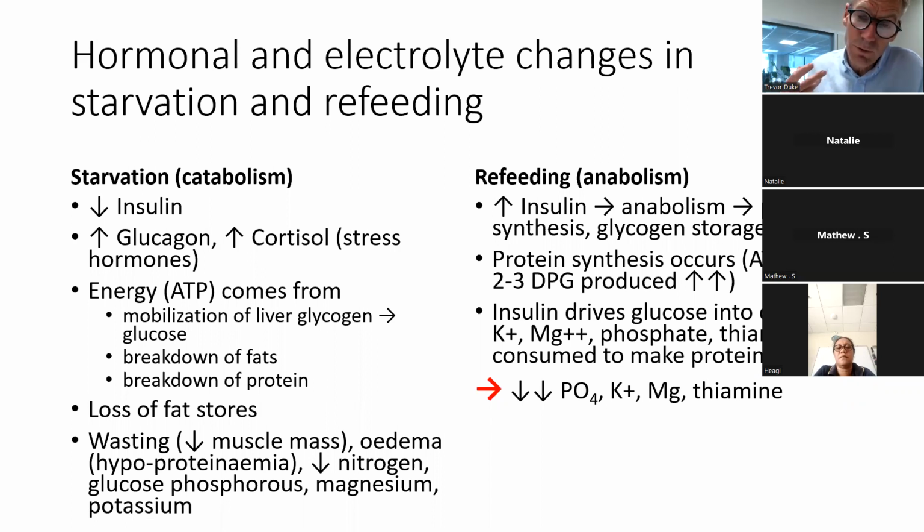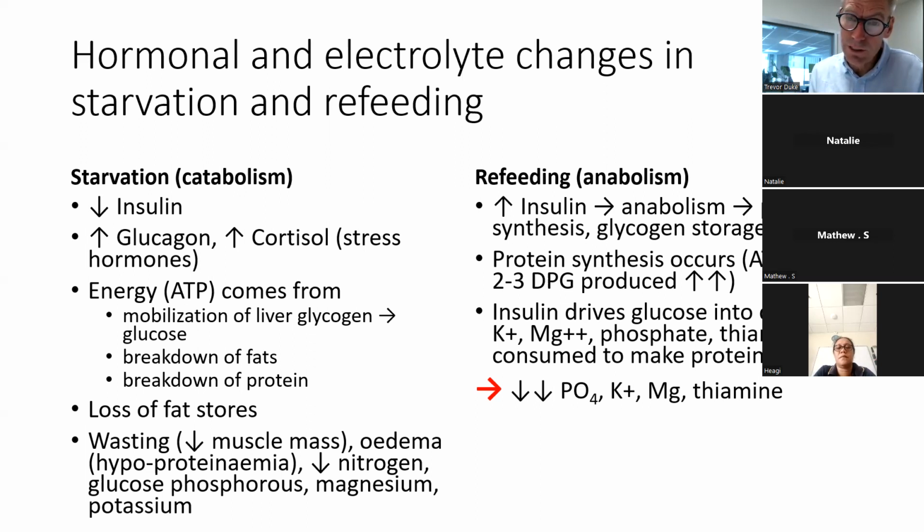And when you're making lots of protein and storing lots of glucose, you're needing lots of energy to do so. And that can lead to a further reduction in phosphate. When insulin levels are high because of the high intake of carbohydrates, then not only is glucose driven into cells, but also potassium and magnesium and phosphate and thiamine are also driven into cells to make that new protein.